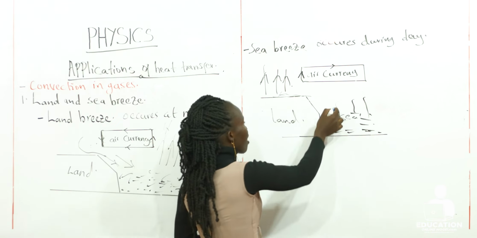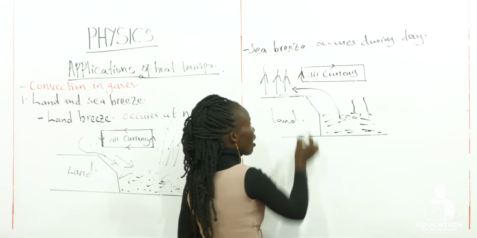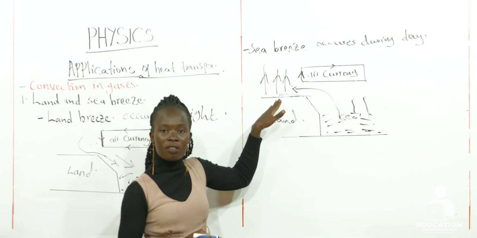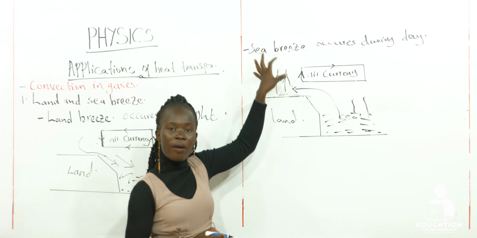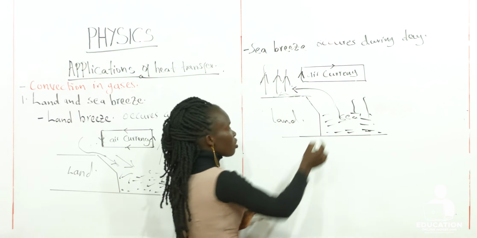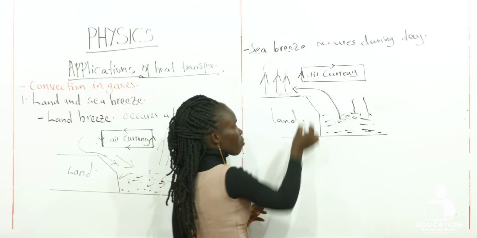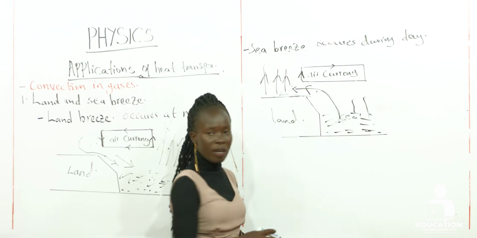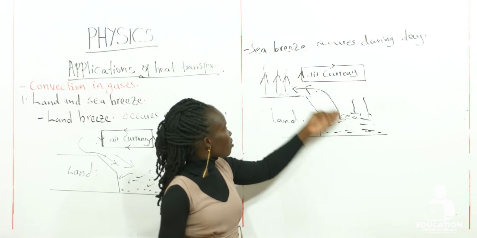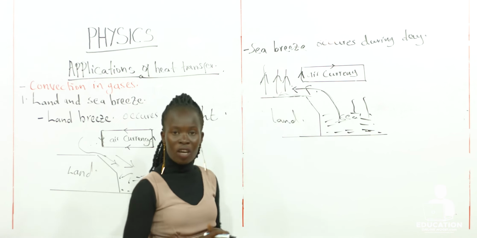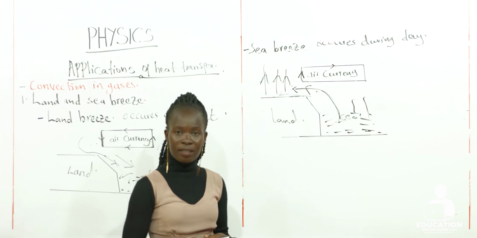They will move and then replace the current that was at first on the land surface, because these ones have now escaped to the space. So you see that this one, the current from the sea, will now come and occupy this space. So when it comes and occupies, that's when you find that it now tries to cool the land.